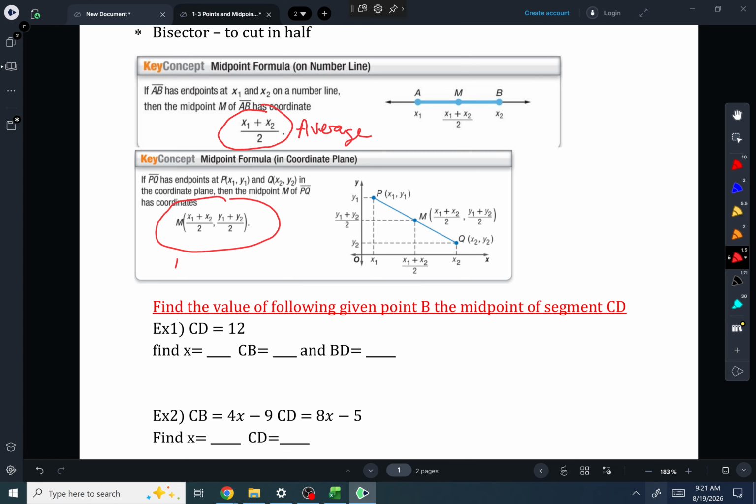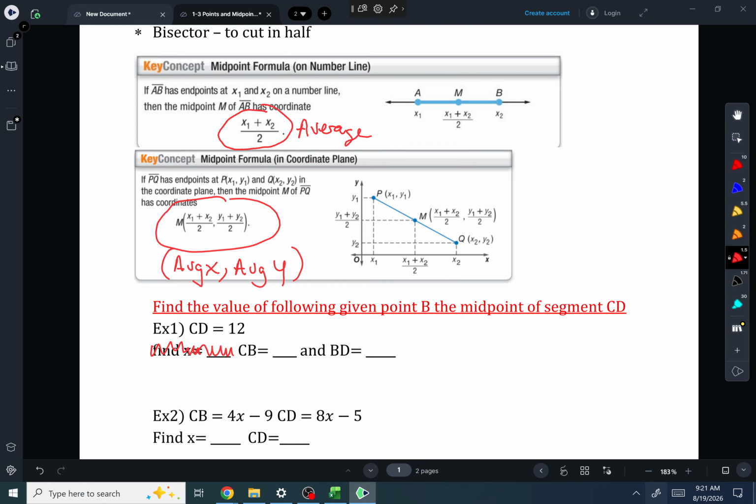So, I want you to write it like that: average of the x's, comma, average of the y's. There is no x here, just so you know, so we can get rid of this.